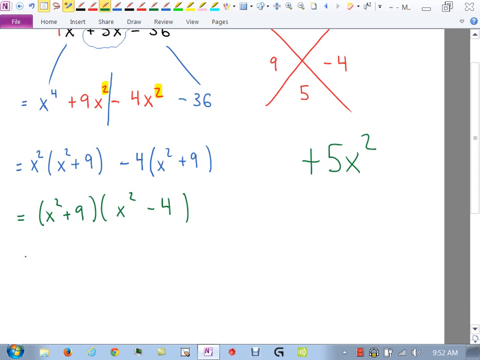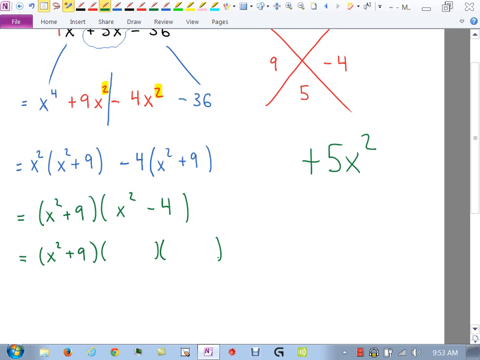And I'm hoping we'll take a vote. Okay, let's just see. No one be shy. How many of you are to the point now where you can look at this and just know it's x plus 2 times x minus 2? About half? Okay. All right, so you want to get to the point, because this is a very basic difference of squares, because it's got x squared, and it's got minus, and then it's got a perfect square next to it.